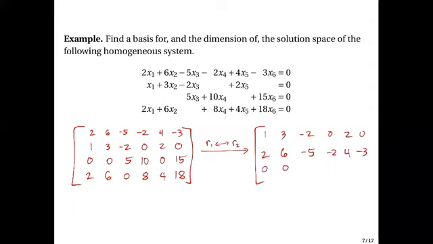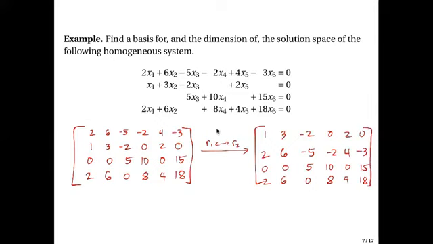You have 0, 0, 5, 10, 0, 15. And then row 4, you have 2, 6, 0, 8, 4, 18. Okay.